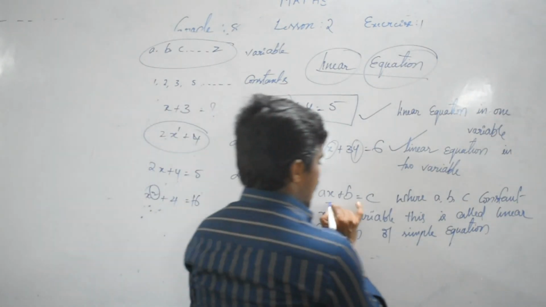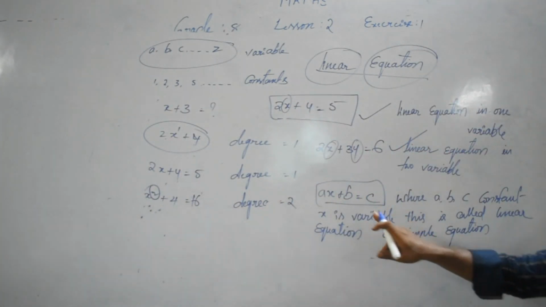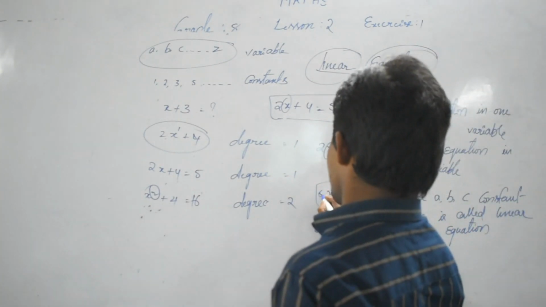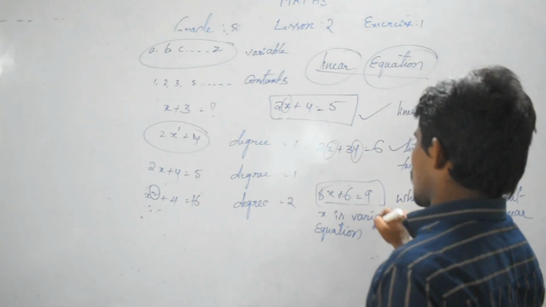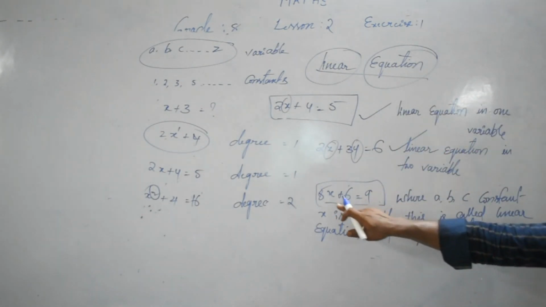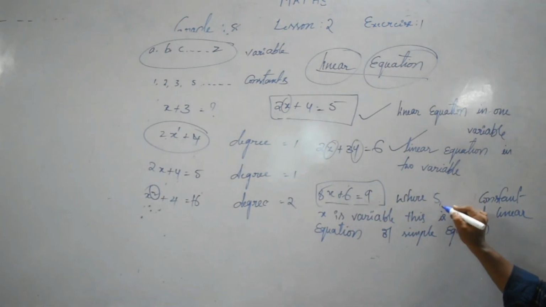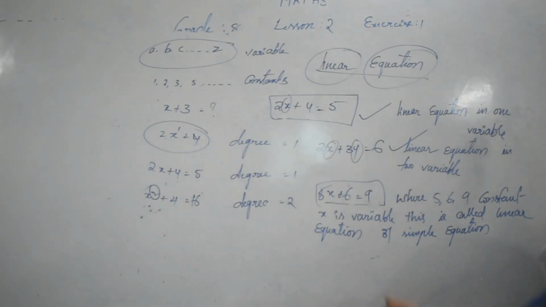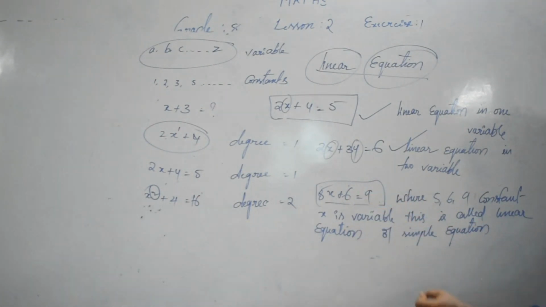Just express this in an equation, or you take 5x plus 6 is equal to 9. 5, 6, 9 are constants, and x is a variable. This is called a linear equation or simple equation.